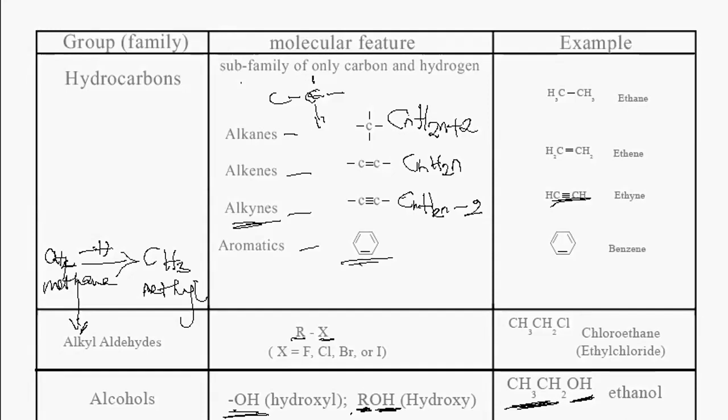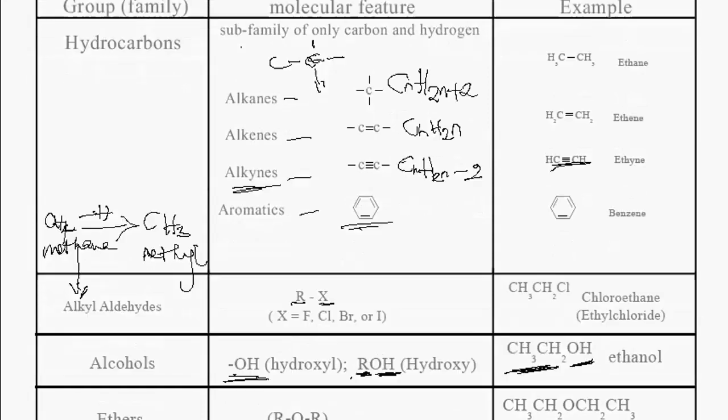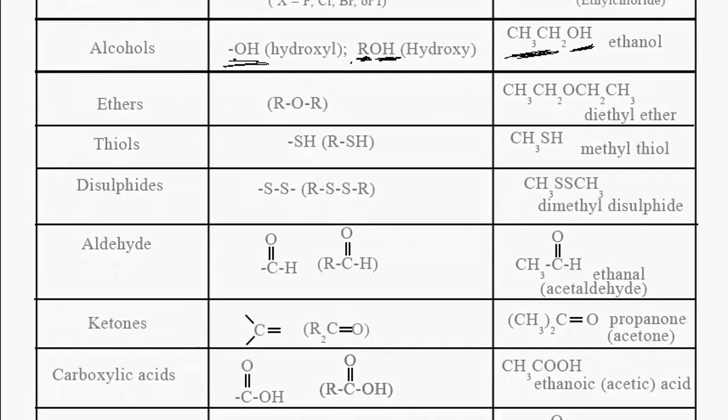All right, so let's move down further and see the next one here. I have ethers here. An ether will have an oxygen atom attached to two alkyl groups.